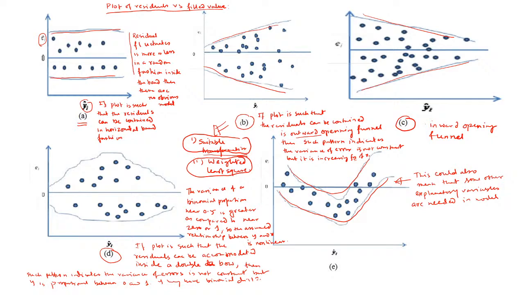Large residuals that occur at the extreme yi hat values could also indicate that either the variance is not constant or the true relationship between y and x is nonlinear. This possibility should be investigated before the points are considered outliers. So we need to investigate this thing.